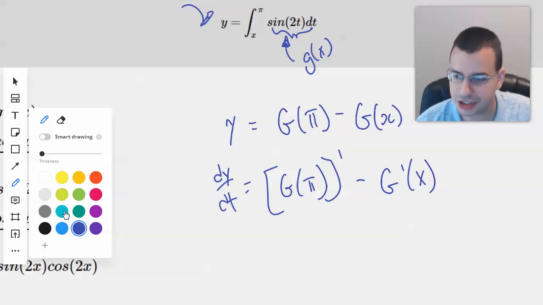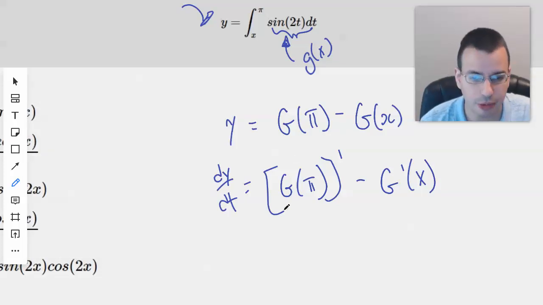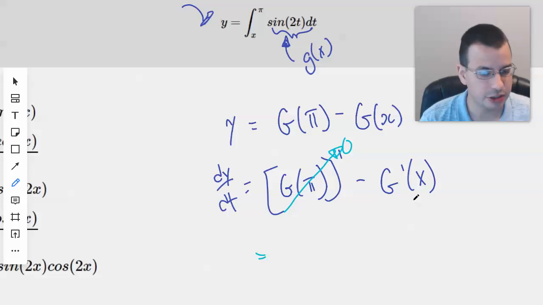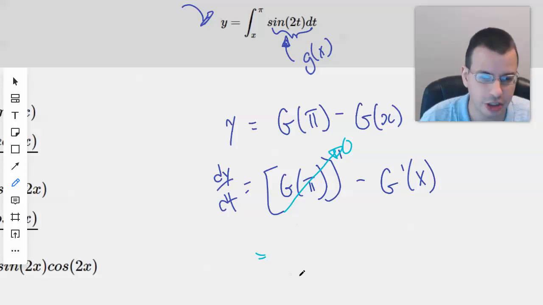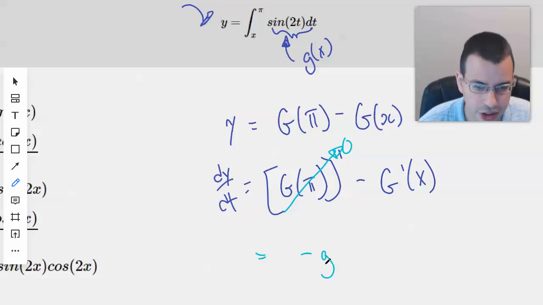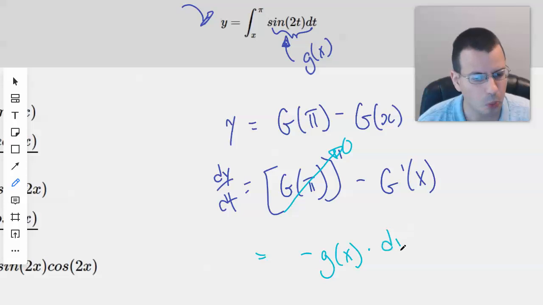So pi is just a constant, so g of pi will be a constant, so this will go to 0. While the negative big G prime of x over here will give us negative g of x times dx/dx, the derivative of x with respect to x.